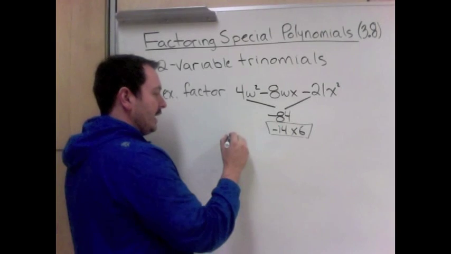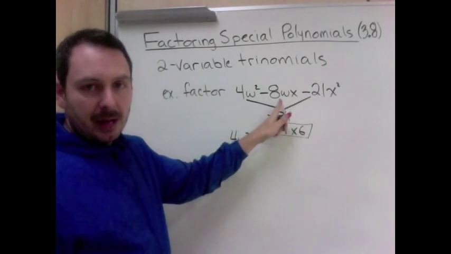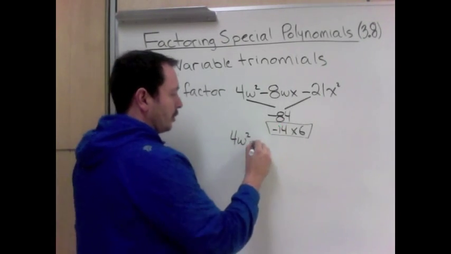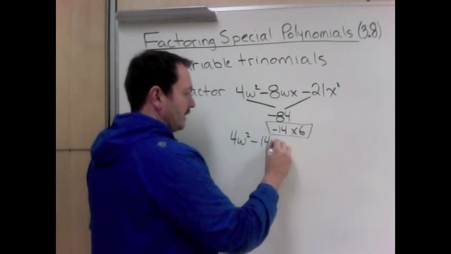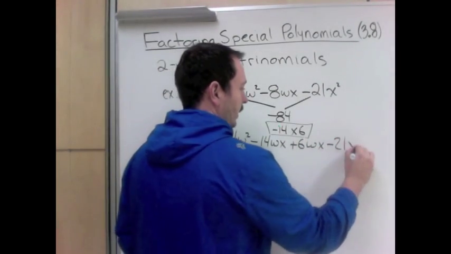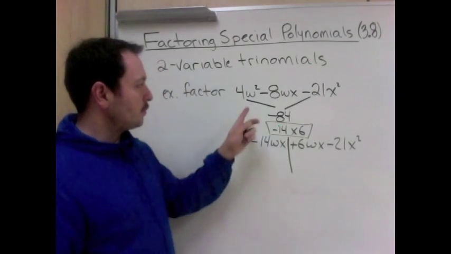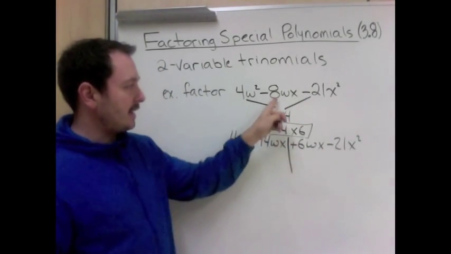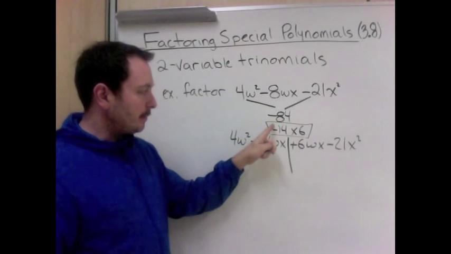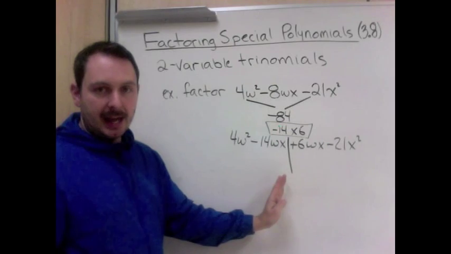So now we take our original problem and we break our middle term up into our two new terms. So minus 14wx plus 6wx minus 21x squared. And we cut it in half. So step one was what multiplies to AC and adds to B. Then step two is we take our two values, break up the middle term, and cut it in half.